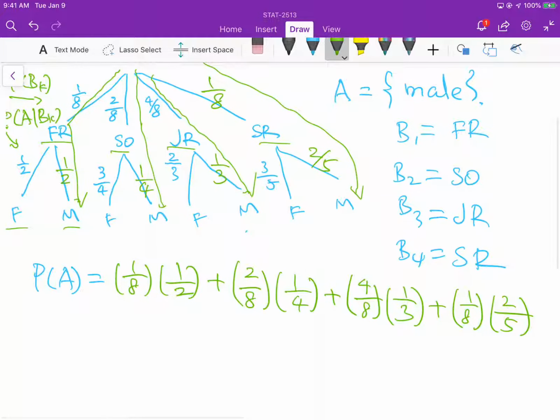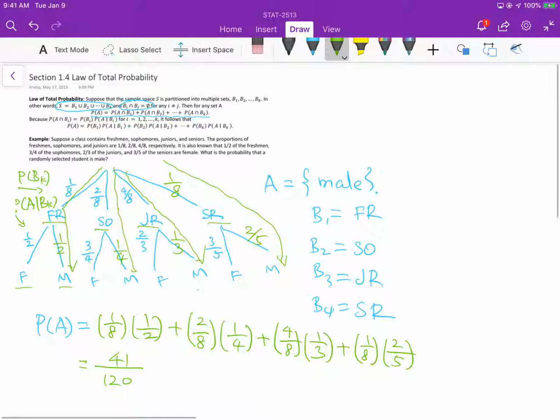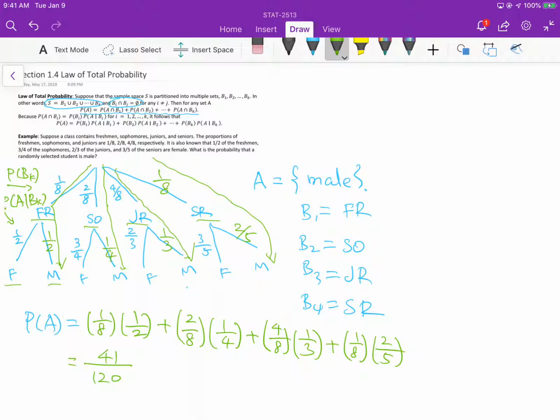If we do the math, we will get 41 over 120. So this example just demonstrates how to apply the law of total probability to calculate a probability.